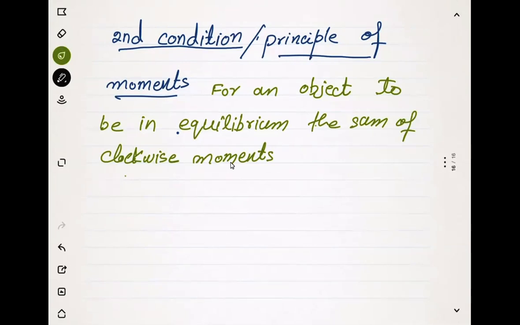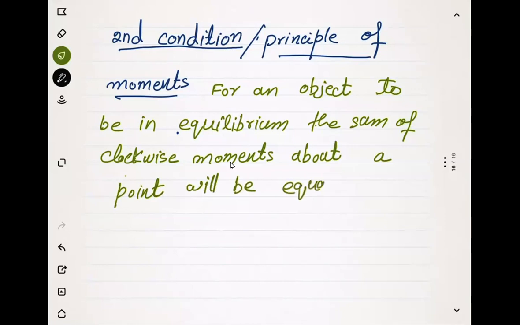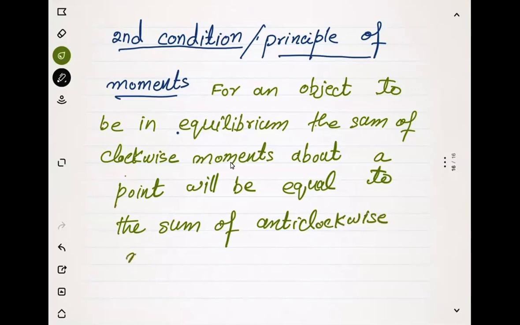So for an object to be in equilibrium, the sum of clockwise moments about a point will be equal to the sum of anti-clockwise moments about the point.